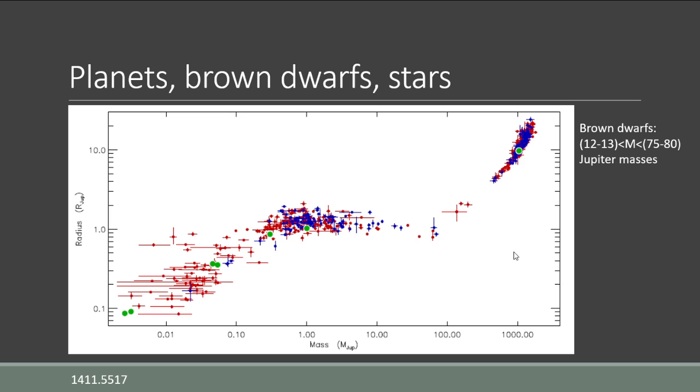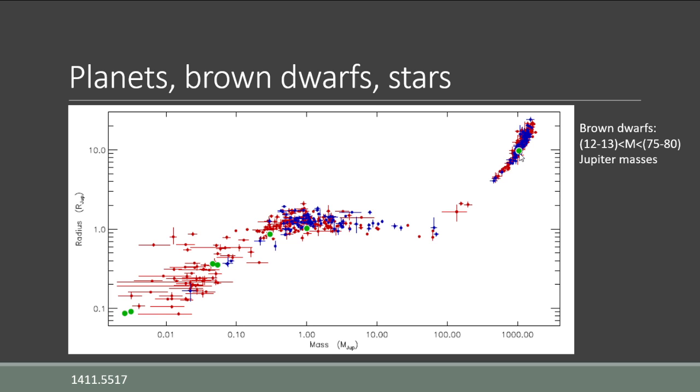So let's discuss this plot. On the horizontal axis, we have the mass of an object in Jupiter masses. So 1 means 1 Jupiter mass, 1000 means 1000 Jupiter masses. And for example, this green dot here represents our Sun.